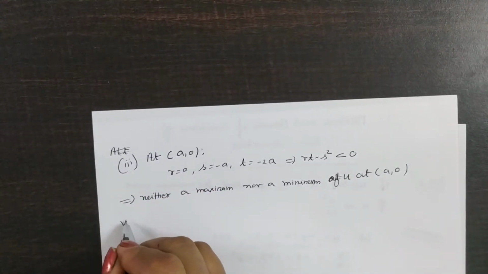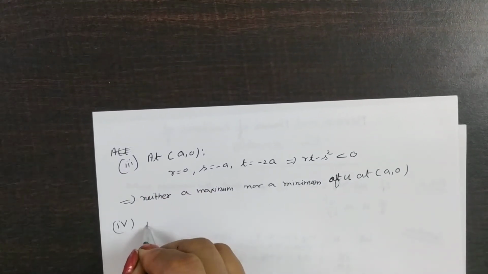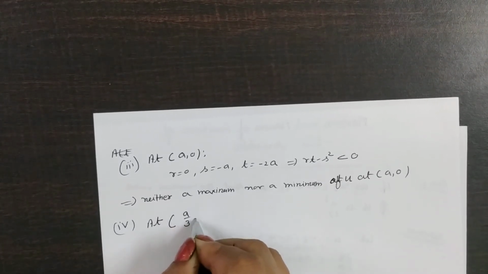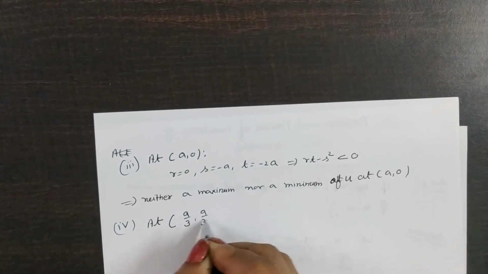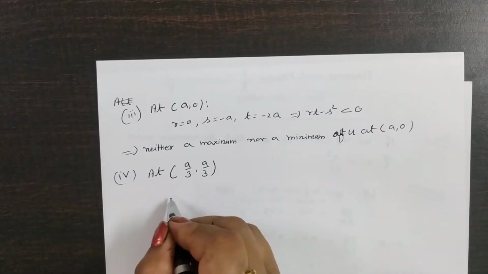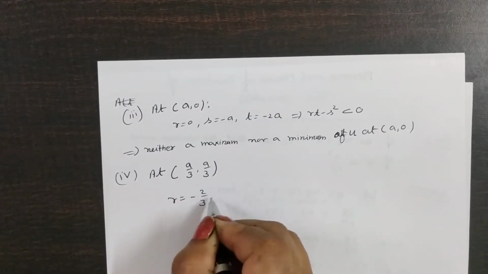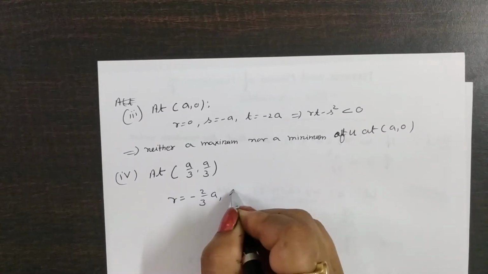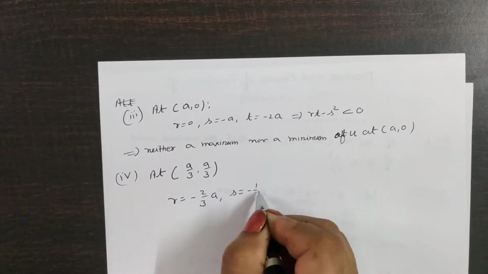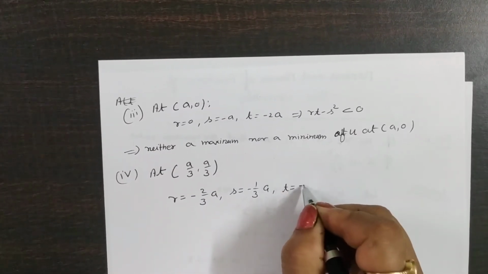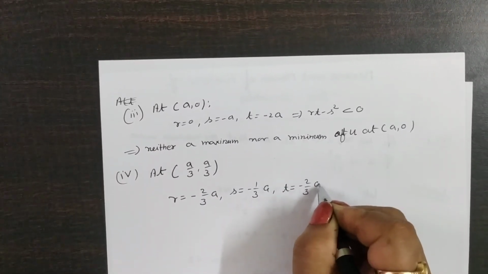Now for the fourth case, at the point (a by 3, a by 3). Here r is minus 2 by 3 a, s is minus 1 by 3 a, and t is minus 2 by 3 a.